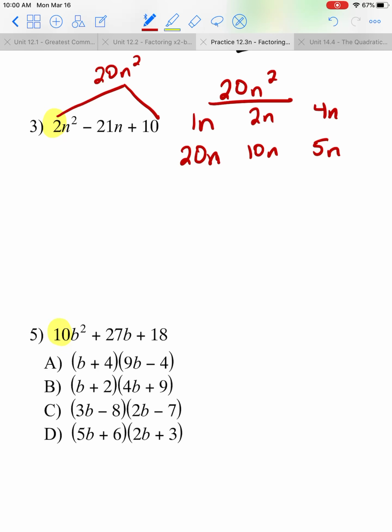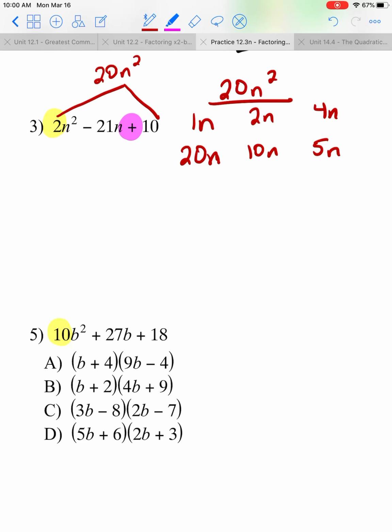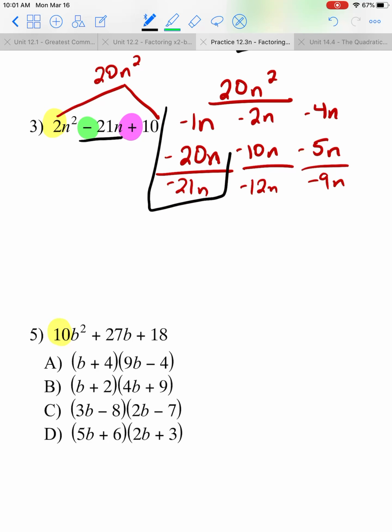Now, look at my rules. I have a positive, which tells me they're going to be the same sign, and they're both negative. All factors are negative. I can simplify those: negative 21n, negative 12n, and negative 9n. And I'm looking for the one that adds up to my middle term here, and that's negative n and negative 20n.